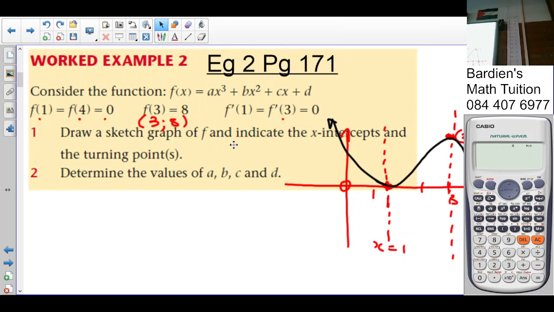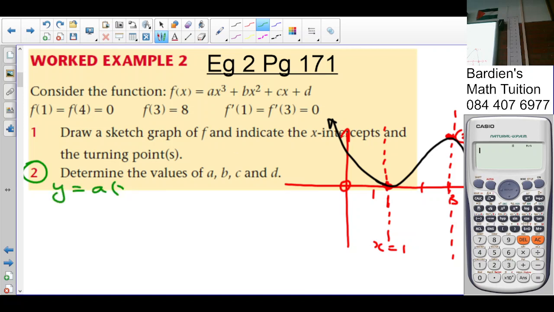Okay. Then it says determine the value of a, b, c, and d. Where do you get that from? Where are you getting a, b, c, d? You're getting it from the equation. Not so? But what do you notice? Remember, for that formula we have y is equal to a into x minus x1, x minus x2, and x minus x3.